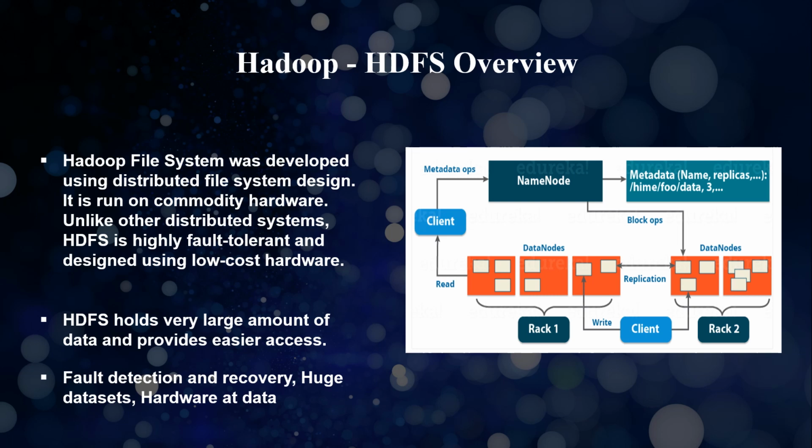Suppose you have uploaded a file of 400 MB to your HDFS, then what happens? The file gets divided into blocks of 128 MB plus 128 MB plus 128 MB plus 16 MB, equal to 400 MB in size. This means 4 blocks are created, each of 128 MB except the last one.